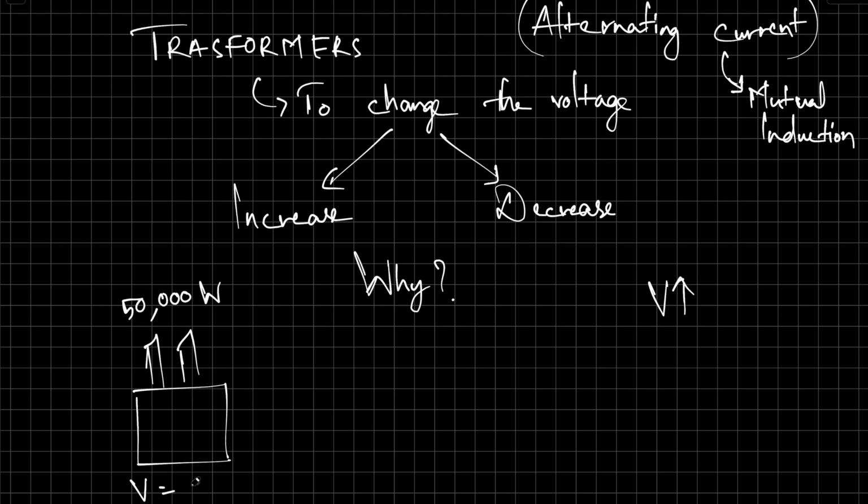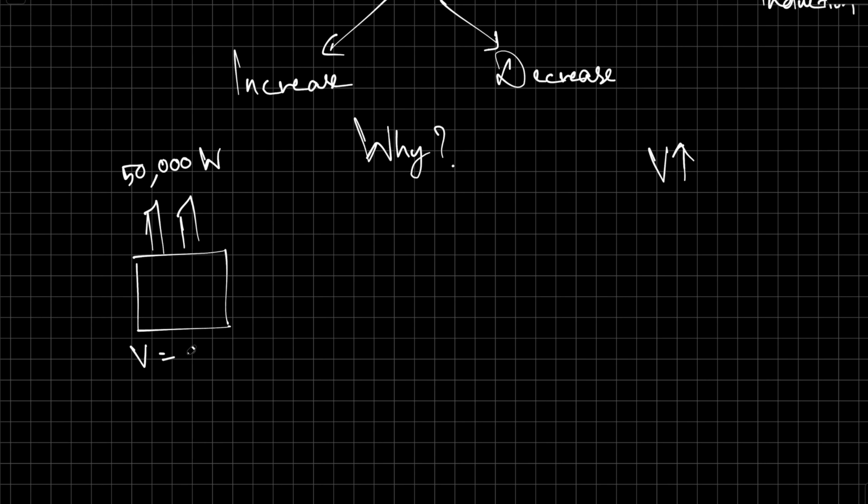Voltage is, let's say, 1000 volts, random numbers. So current should be 50 amps, right? P equals VI. 1000 times 50 is 50,000 watts.